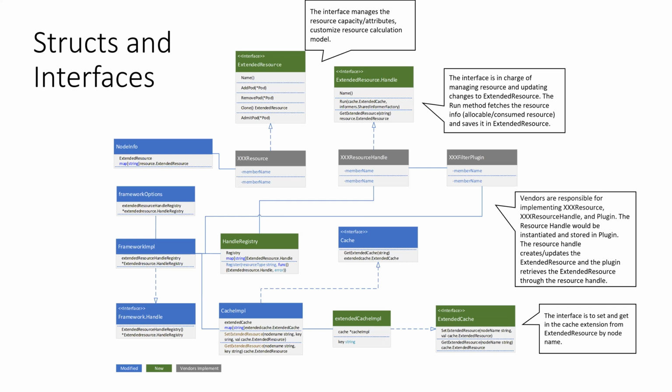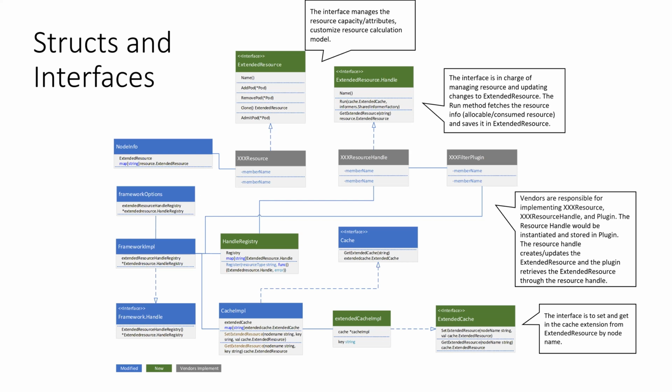So from the left hand on, the node info struct is proposed to be extended to hold the extended resource. It is a map. The map's key stands for the resource name, and the value keeps the vendor-specific resource information.